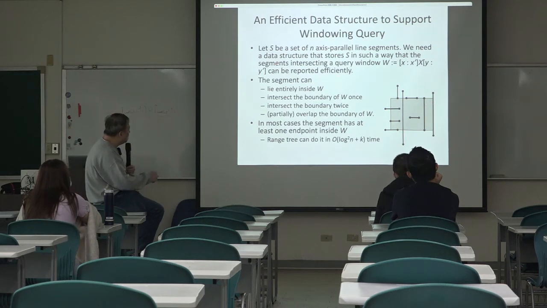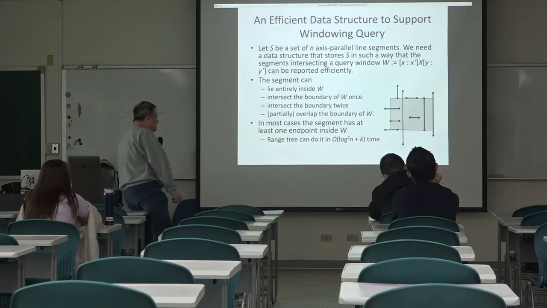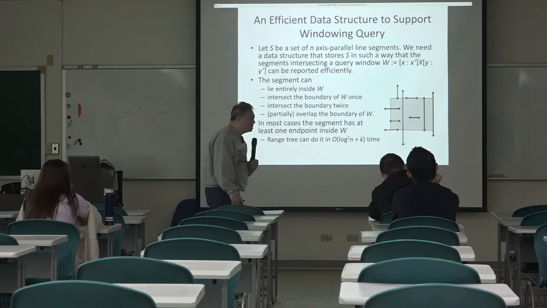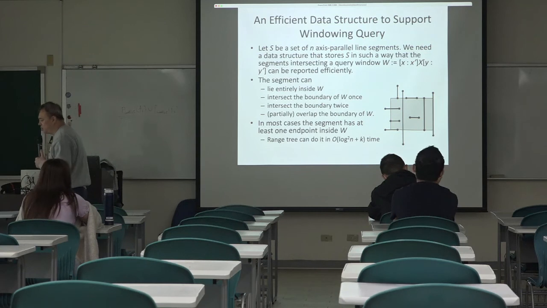So we want a data structure that can store these segments so that, for an arbitrary window, we are able to answer which segments are inside this window very, very efficiently.